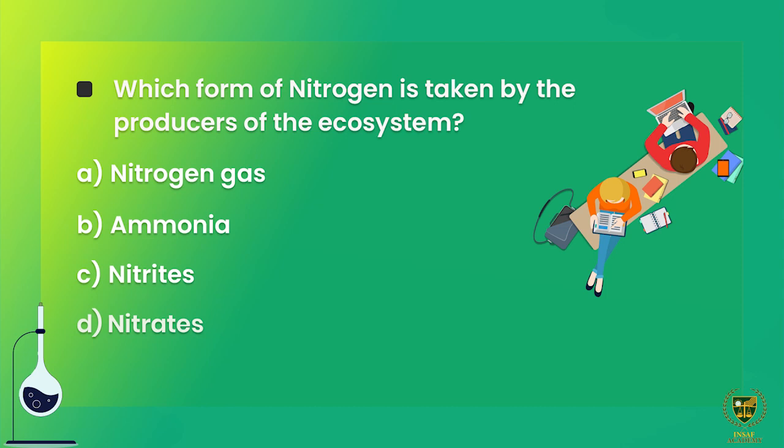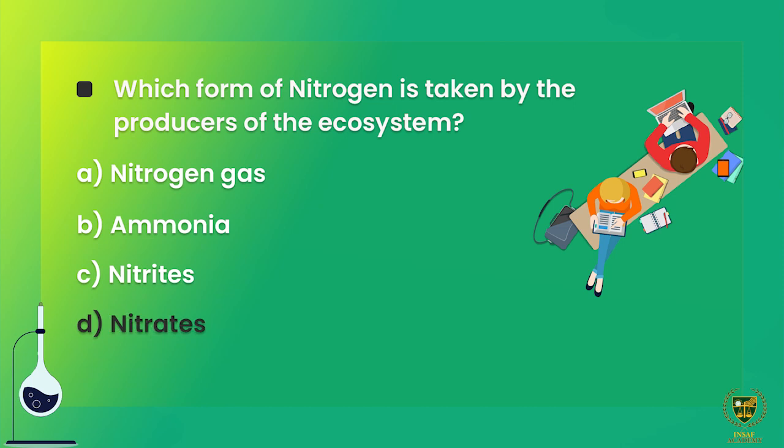No dear students, they cannot directly take or utilize the nitrogen gas from the environment. Option beta is ammonia. No dear students, they also do not take ammonia. Option Charlie is nitrites. No dear students, they do not absorb nitrites from the ecosystem. So the only option remaining is nitrates.